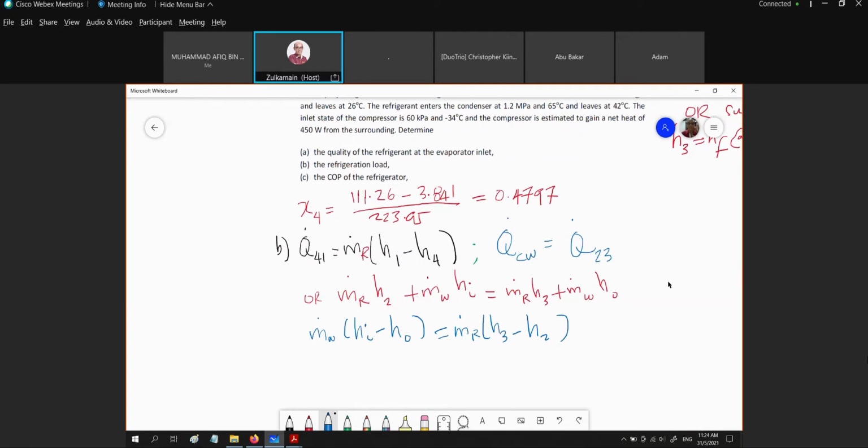Basically, what is this? This is the Q dot cooling water. And what is this? This is basically the Q dot of 2,3.